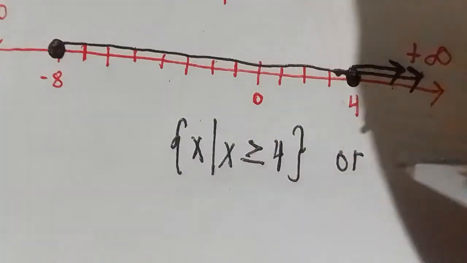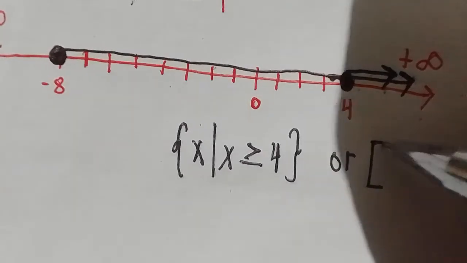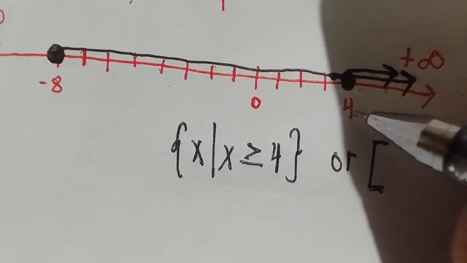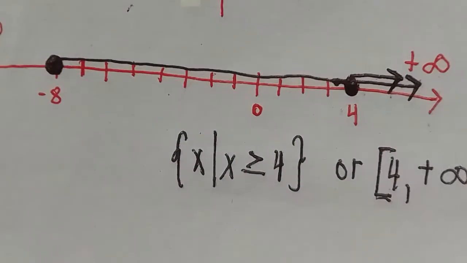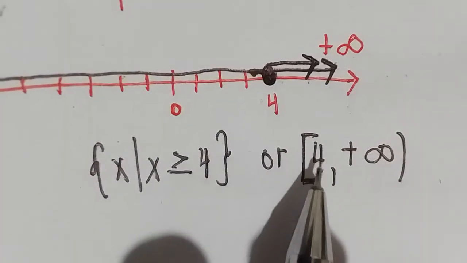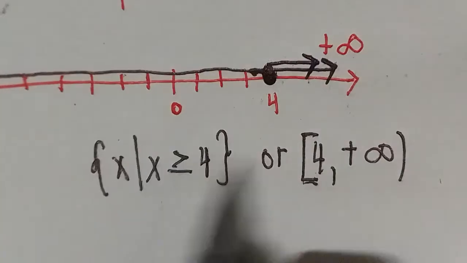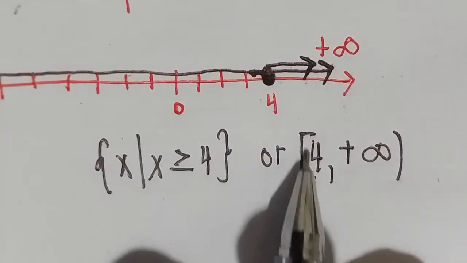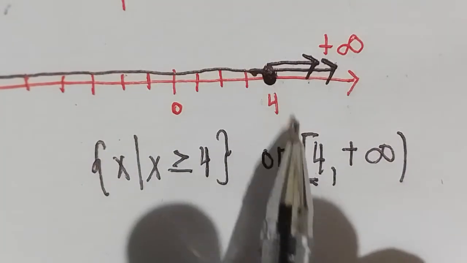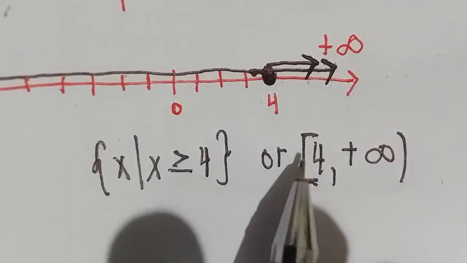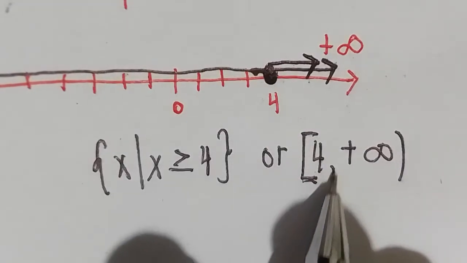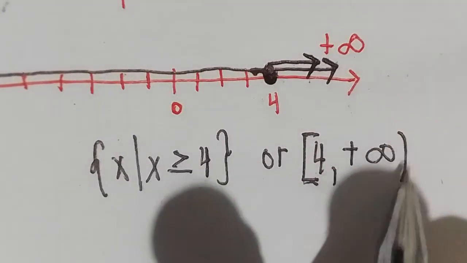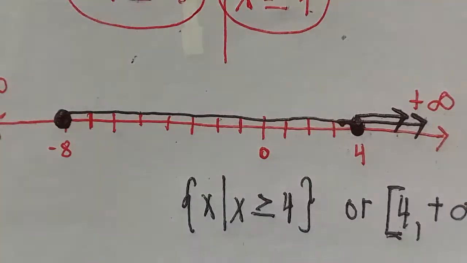So we will use the bracket symbol, and then write the value 4 to the positive infinity, close parenthesis. Pwede pud ingani ang pagsulat, pero kung di mo ganahan ana, pwede ra interval notation. We will use the bracket symbol kay meaning to say si 4 included siya sa solution set, kay naka-shaded man siya. So 4, comma, positive infinity, close parenthesis. So that's it for your case 1.